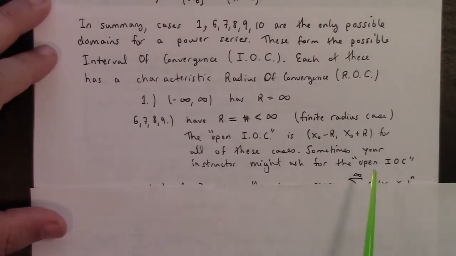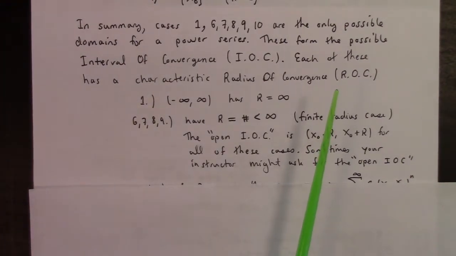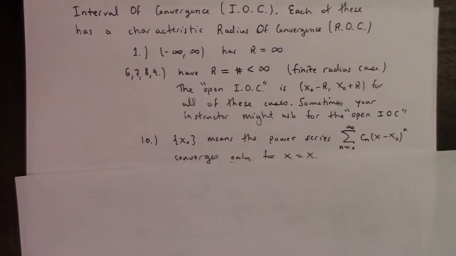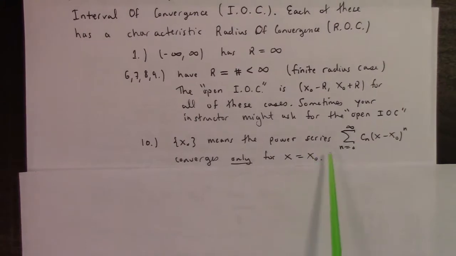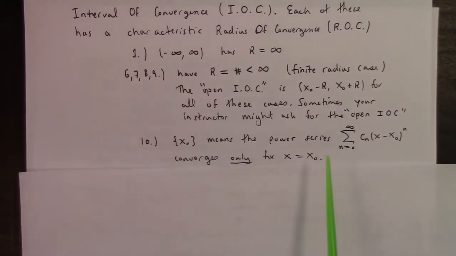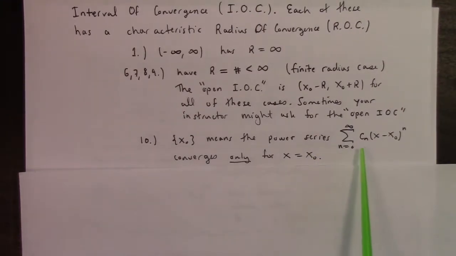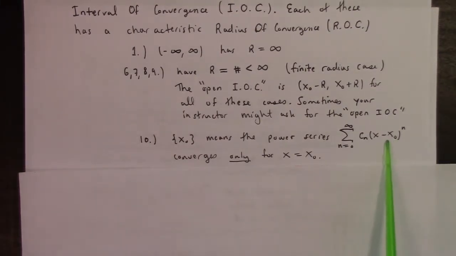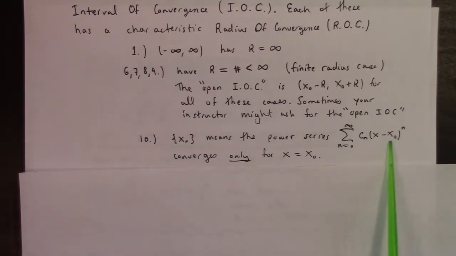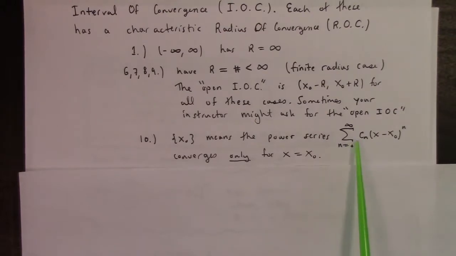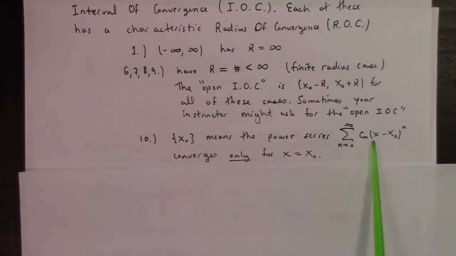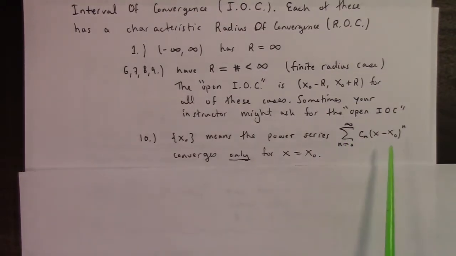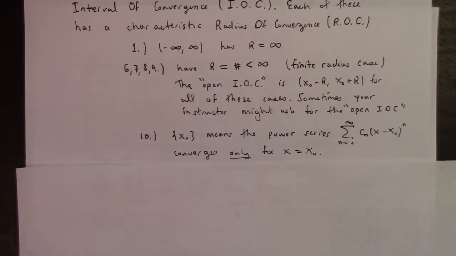Sometimes your instructor might ask you for the open interval of convergence just to be nice, believe it or not. And then finally, the singleton is a radius 0, and it's a really silly case. It means that the only x for which this converges is when you plug in x equals x naught. So you just get C0 in that case, and only at that point.